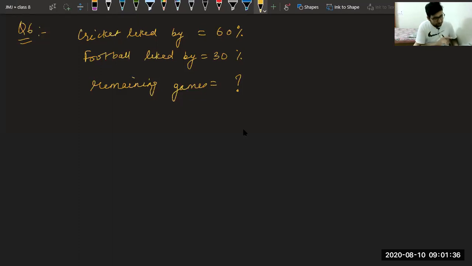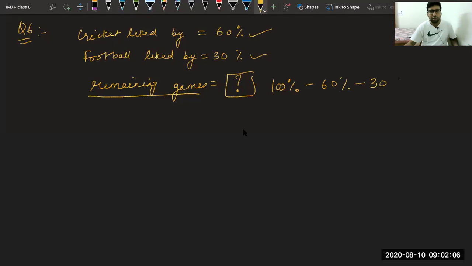Yes, Yashna, very good. If they are saying that the rest are liking the remaining games, what is the value of this? 60% like cricket, 30% like football, then the remaining are 10% because total is 100 minus the people who like cricket minus the people who like football.